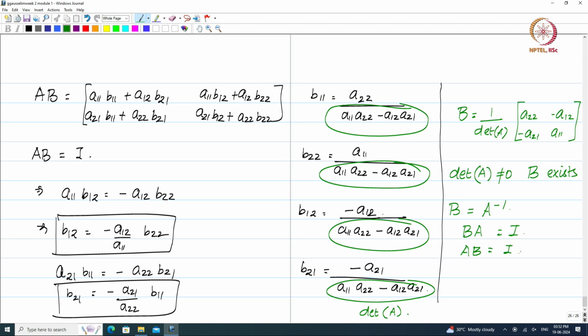What this means is the following. In order for a square matrix to have an inverse, its determinant must be non-zero. The matrix must be non-singular.